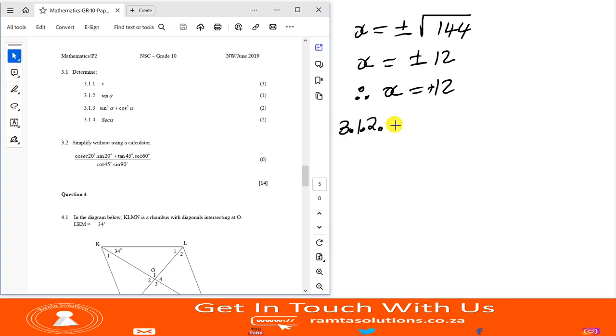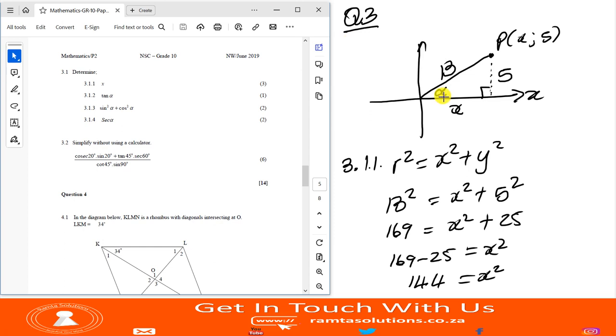3.1.2, we're looking for tan alpha. What we know about tan is that tan is y over x. Remember, tan is opposite over adjacent. We're looking at alpha. The side that is opposite alpha is this one here, and the one that is adjacent is this one here.